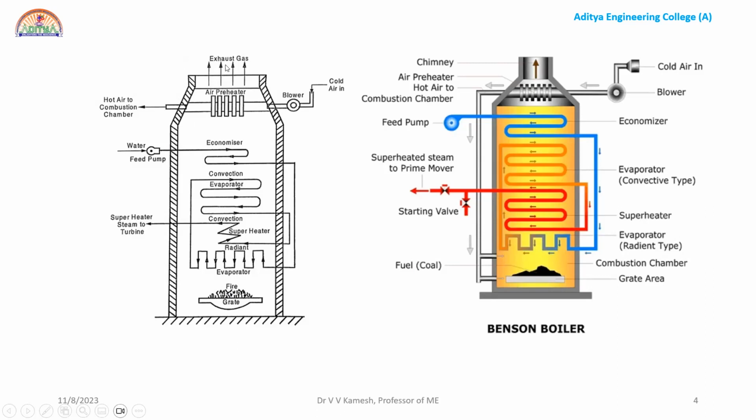What is there at the top? The exhaust gas outlet. In the path between the fire generation point and the top outlet, whatever device you place will absorb the heat in the hot gases. There is some distance between the bottom and the top, and in between you place the devices. The first device, look at the top, is the economizer.